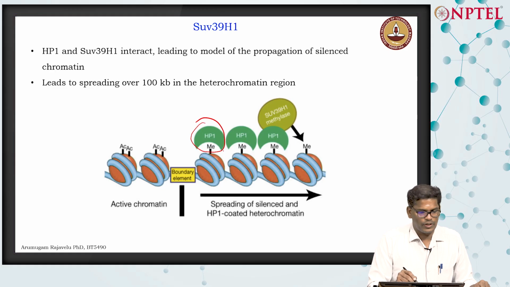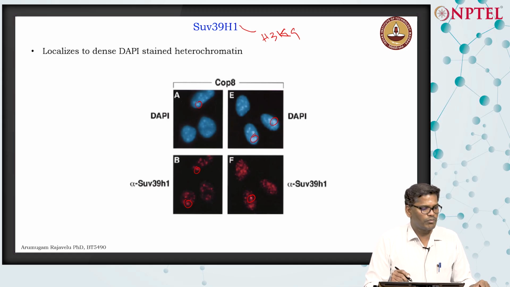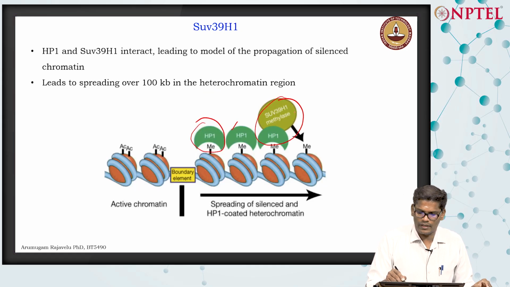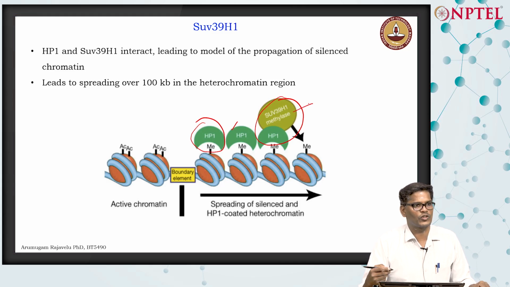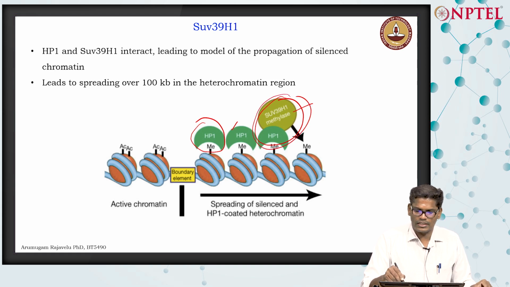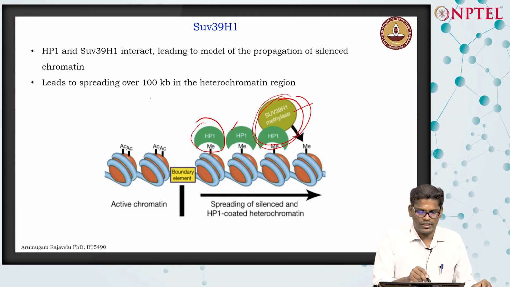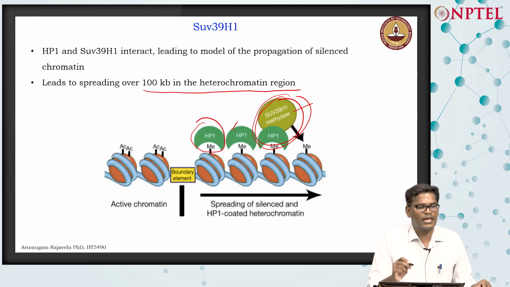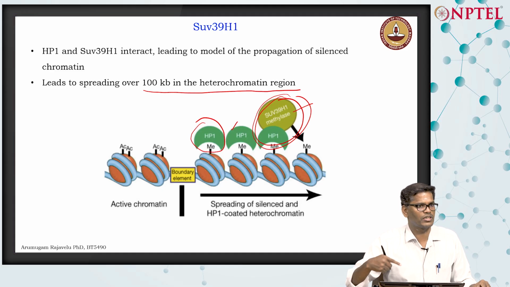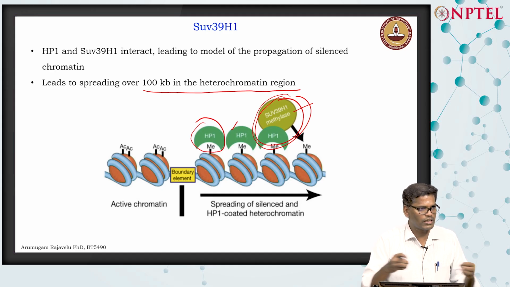HP1 is a protein which binds to these methylated positions, histone 3 lysine 9, and these two always coexist, and that is the reason it forms spots. So this is a heterochromatic protein, and this is also a heterochromatic protein because it methylates the heterochromatic mark histone 3 lysine 9, and when these two form a complex, it helps to spread. That is a coordinated positive feedback loop, which helps to spread the repressive mark nearly 100 kb in the heterochromatic regions. Imagine in post-replication regions, it has to spread the mark. How does it spread? Through this coordination.